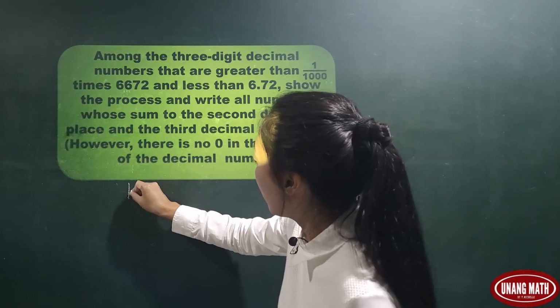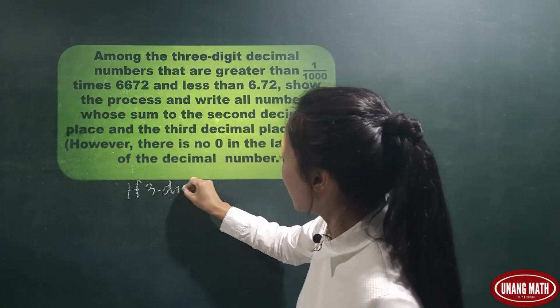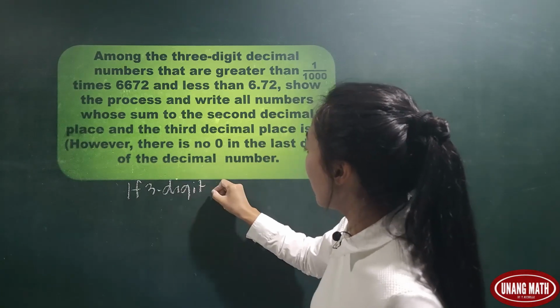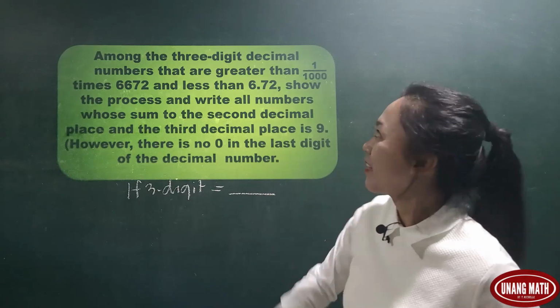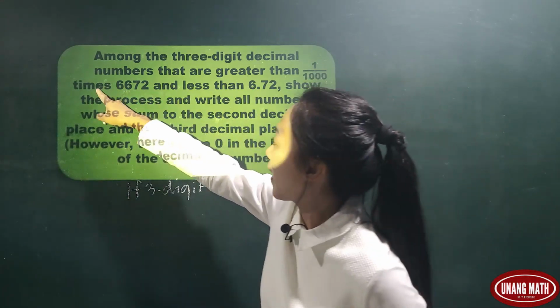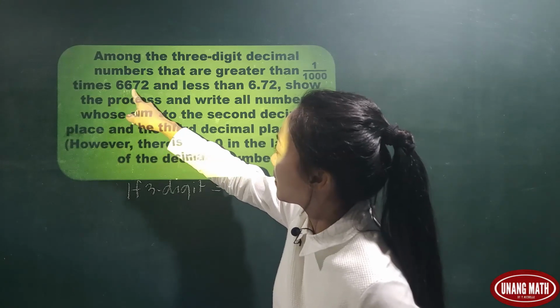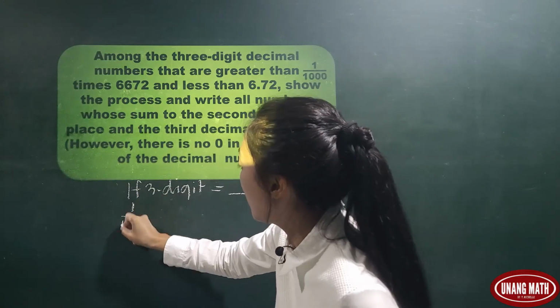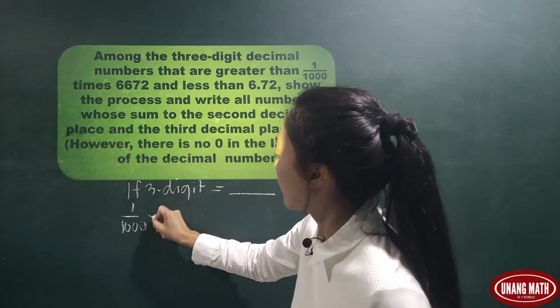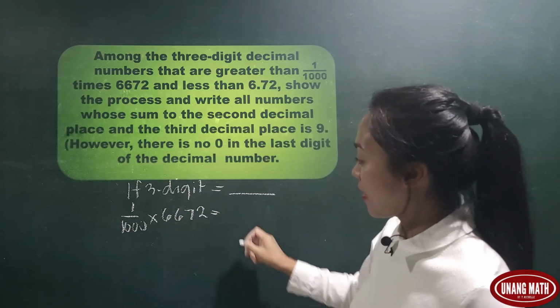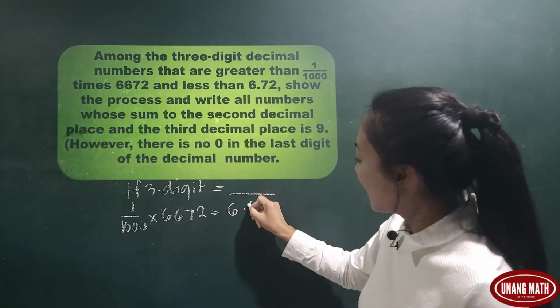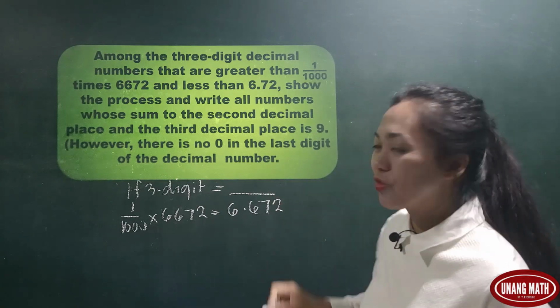Okay, if the 3-digit decimal number is equal to blank, 1 over 1,000 times 6,672, so 1 over 1,000 times 6,672 is equal to 6.672.